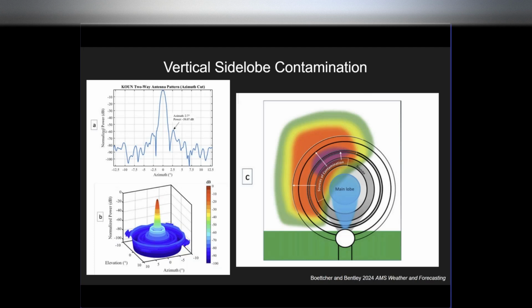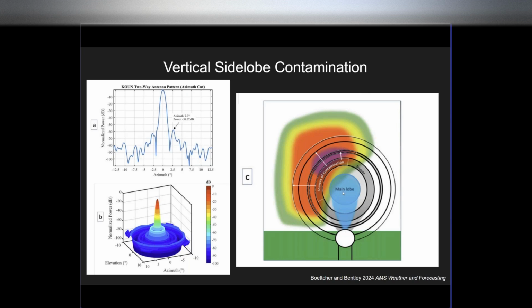So this image on the left here at the top, the graph, this is the main power from the middle of the beam. Imagine this whole thing from negative 12.5 to 12.5 degrees is basically one pulse of the beam. Your main power is in the middle here, and then you have these side lobes of the beam. This is a visualization of it down below as well.